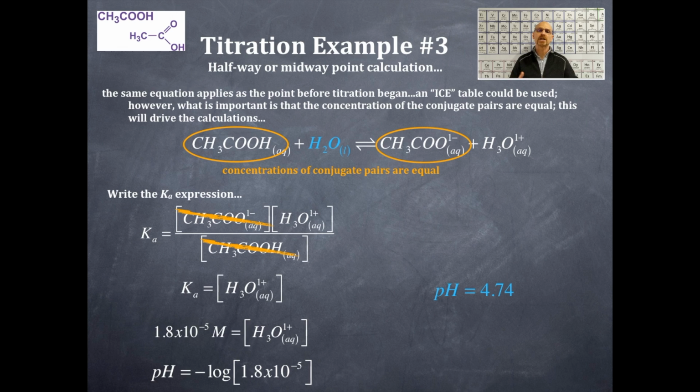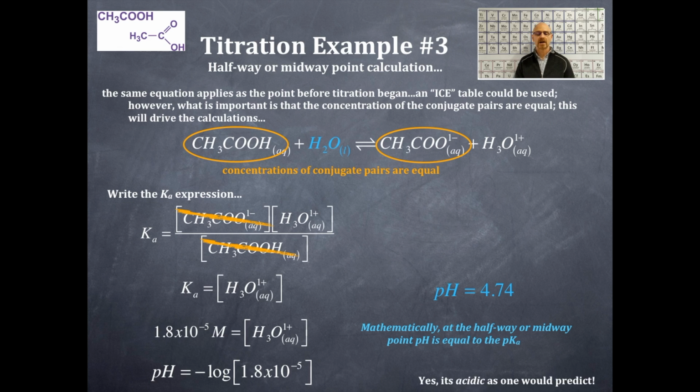The base has been consumed by the acetic acid and produced acetate ion. And so therefore, this is mathematically the halfway or the midway point. Okay, and the pH is equivalent to the pKa. And that value is acidic, and that should make sense. Okay, of course, and that's what you would predict.